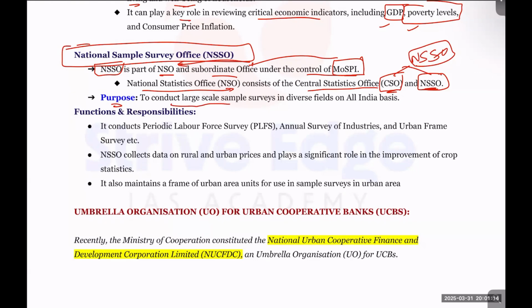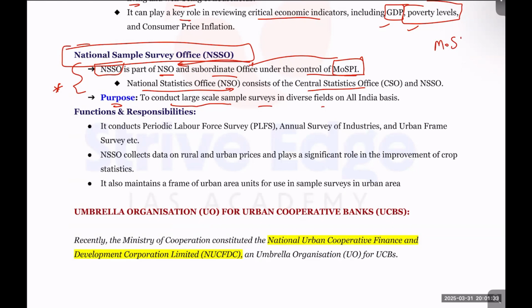What is the purpose of it? It is to conduct large-scale sample surveys in diversified fields. But what you should remember is this organization structure. This is important. For your easy reference, I will make a diagram here.